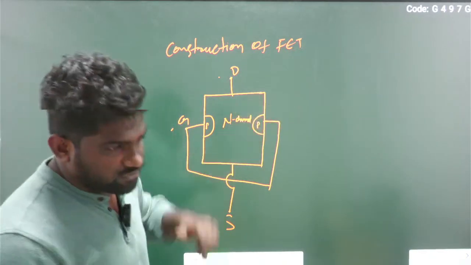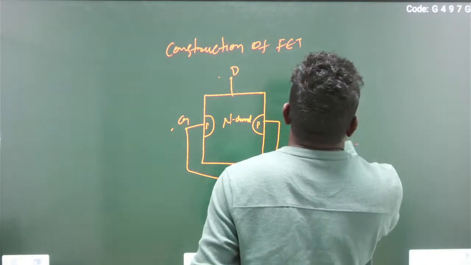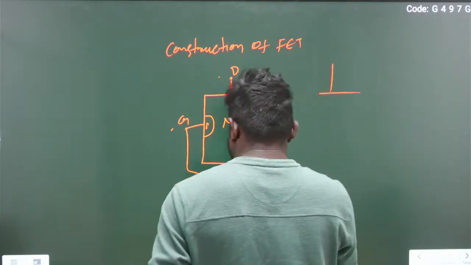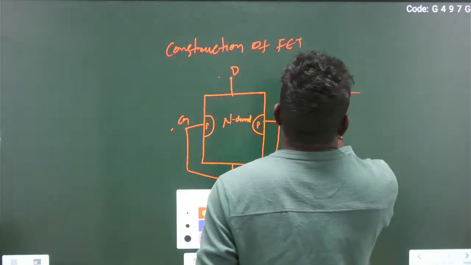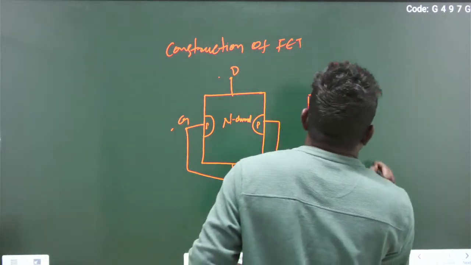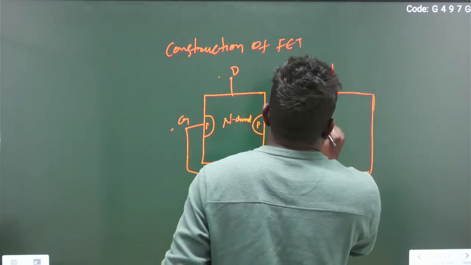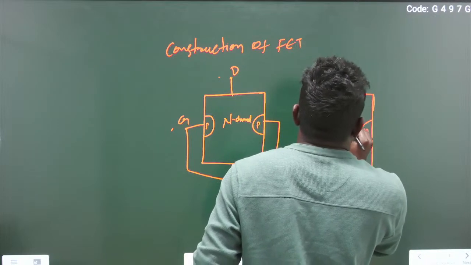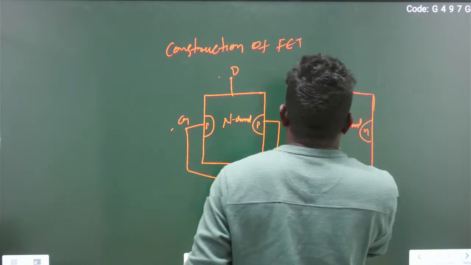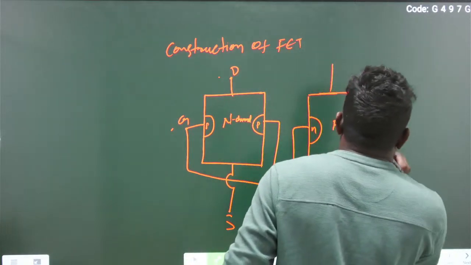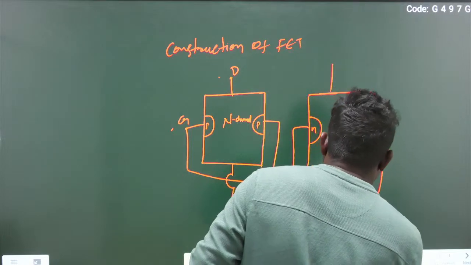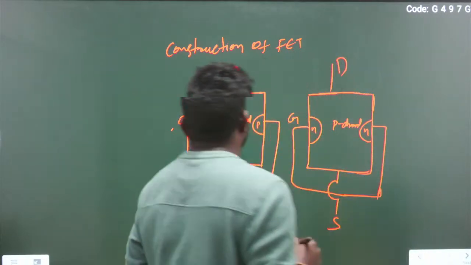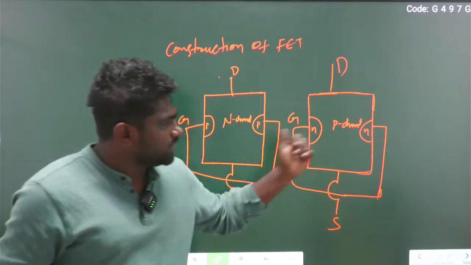One is N channel and the other one is P channel FET. This is the N channel FET, this is the P channel FET.